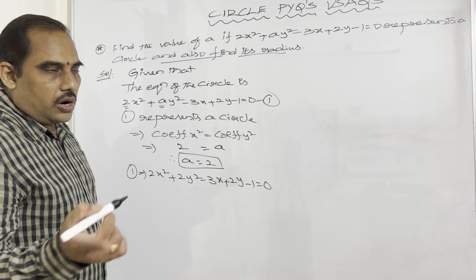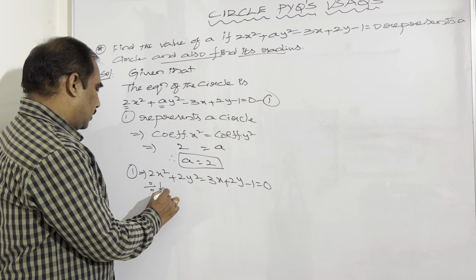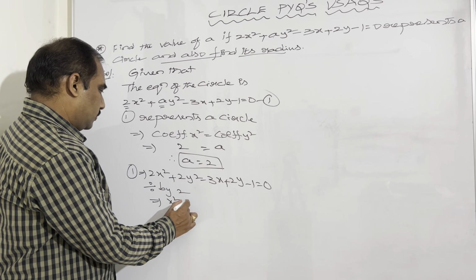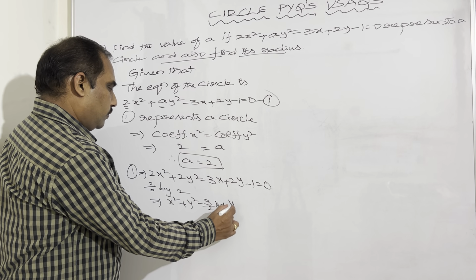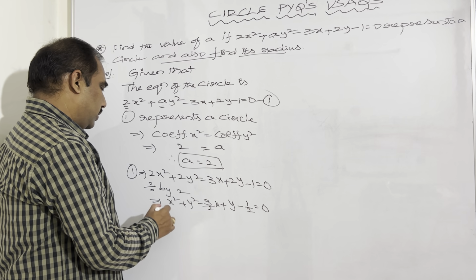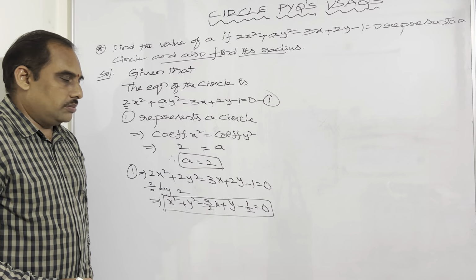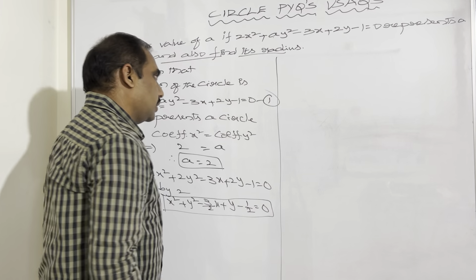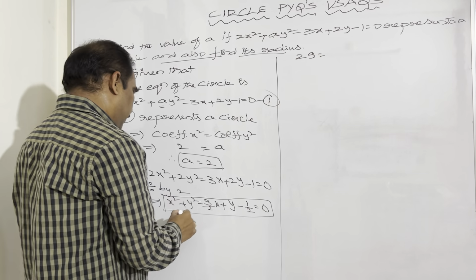First of all, it is not in the general form of the equation. Convert into the general form of the equation by dividing by 2. So we get x square plus y square minus 3 by 2 into x plus y minus 1 by 2 is equal to 0.